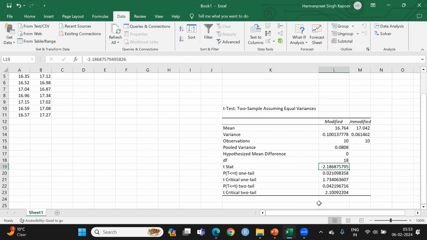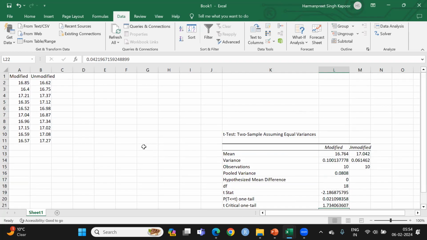And the p-value is coming as 0.042, as earlier discussed. So here we got to know that we are going to reject the hypothesis that mu1 is equal to mu2, meaning there is a significant difference in the means of the two groups. So this is the hands-on experience of how one can implement a two-sample t-test in Excel.